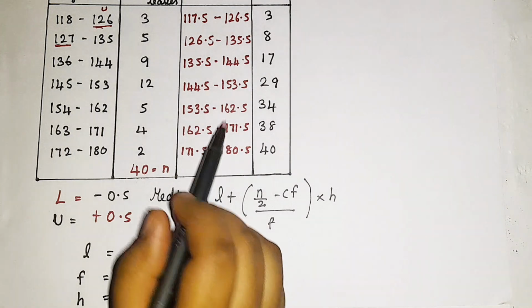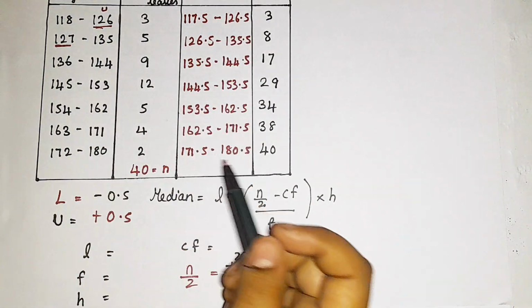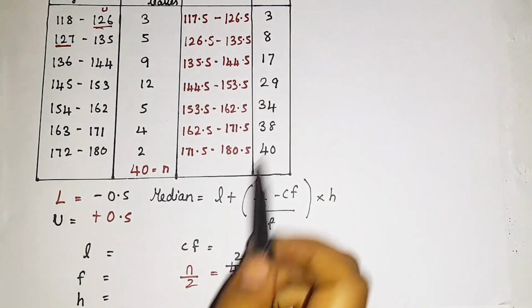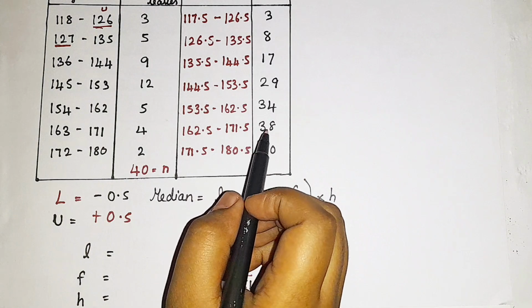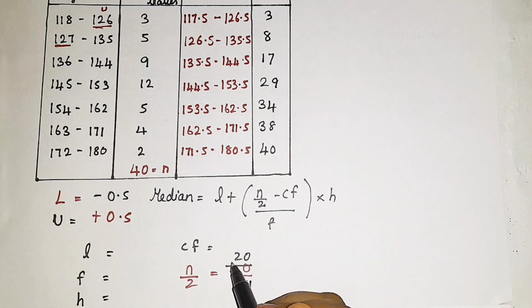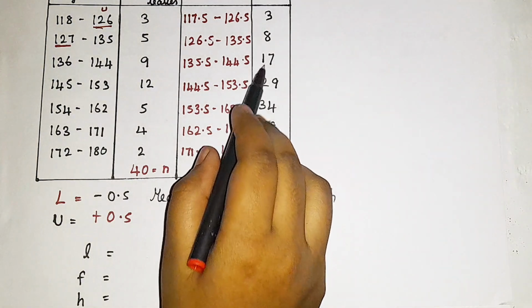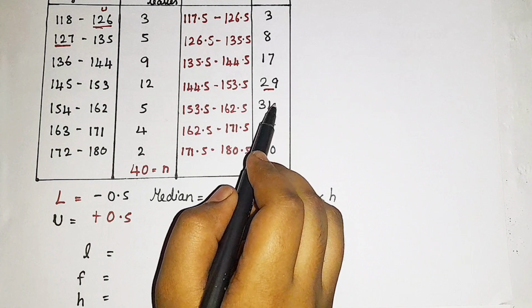Okay, so here now we are supposed to look at the CF. So here this is the CF. So in the CF, the closest value to 20 is either 17 or otherwise 29. Okay, I just told you we are supposed to take the greatest number compared to 20. So compared to 20, the greatest number in these both numbers is 29. So 29 is the greatest number, isn't it?